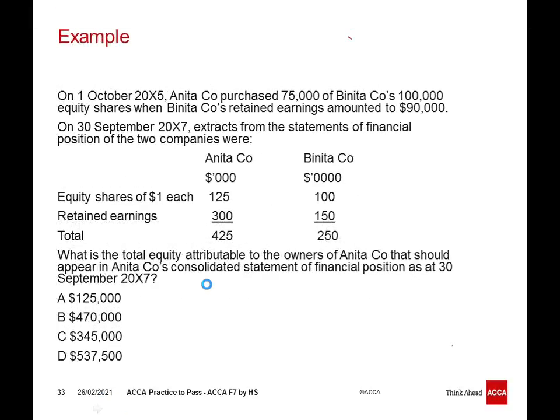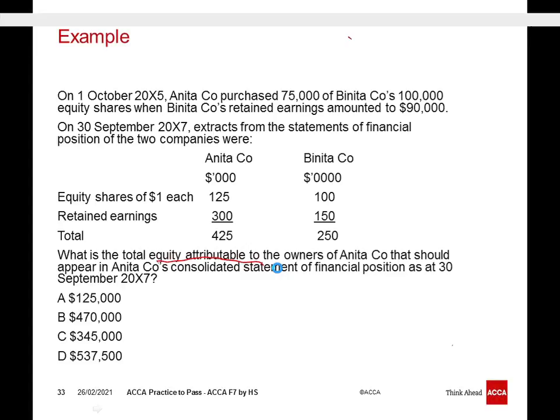One more question for you guys, in which you are required to calculate the total equity. So when it talks about the equity, you need to add the share capital as well. It's not asking for the retained earnings only.